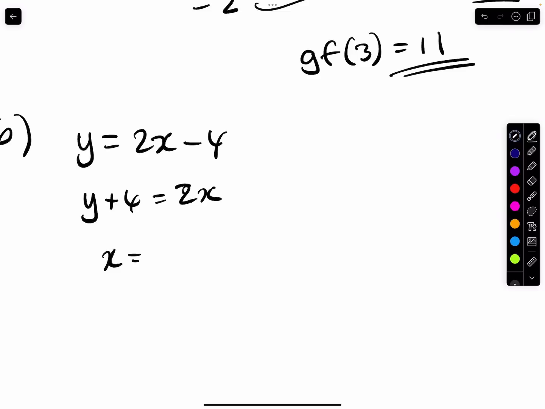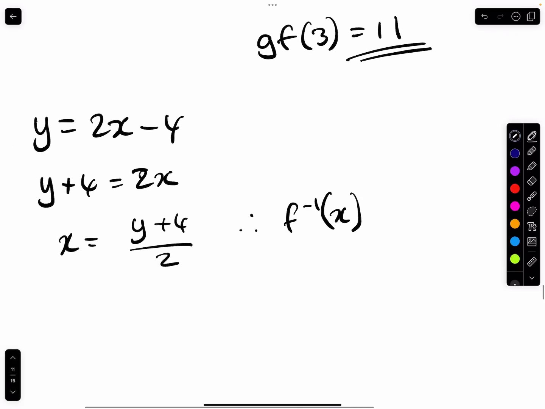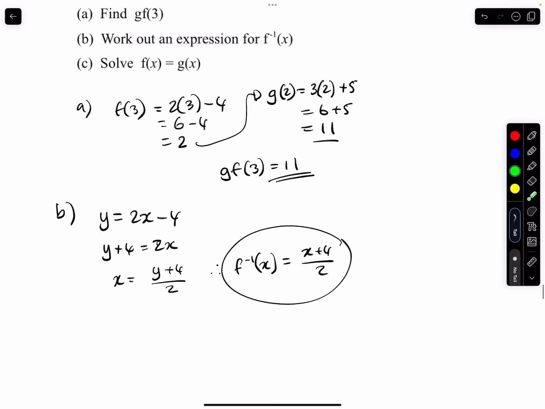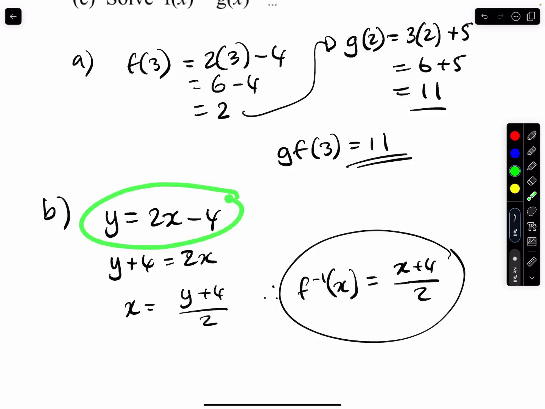So x would be equal to y plus 4 divided by 2, and therefore the inverse would be, remember I replace the y with an x again at the end, x plus 4 over 2, and that is the answer. Now, one thing I saw one of my students do, they try to just write this and replace y and x there and then. That is not what you do, so please don't do that. You have to make x the subject first and then do the replacement.